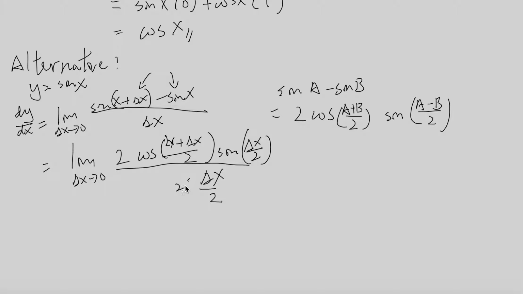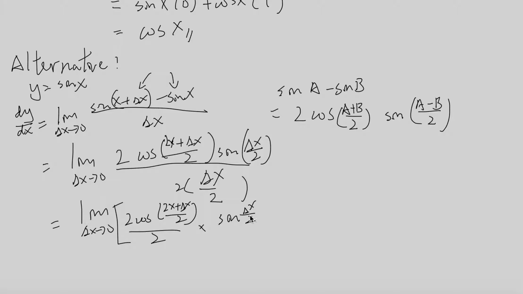You should multiply 2 right before it, so that the whole thing becomes balanced. Balancing an equation, very easy for you guys. So now the limit as delta x tends to 0 becomes cosine((2x plus delta x)/2) times 2, which is the first part of the fraction, times sine(delta x over 2) over (delta x over 2). I simply split this fraction into 2.